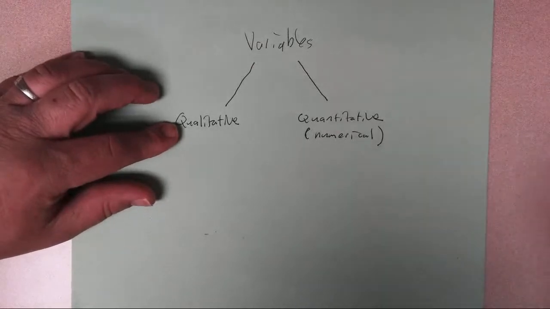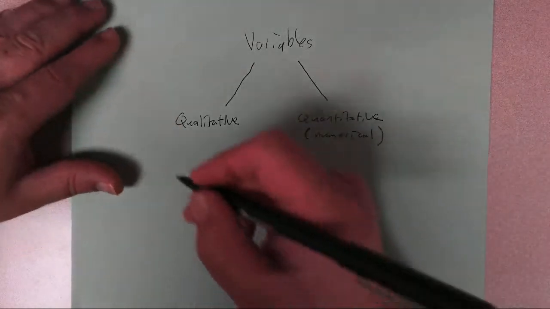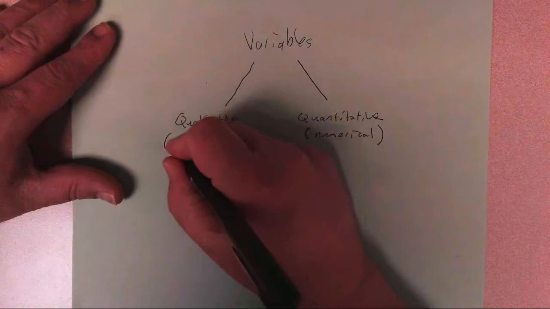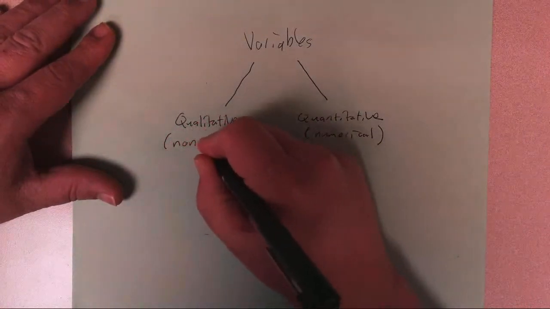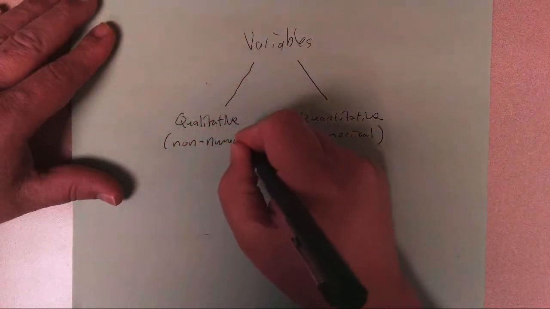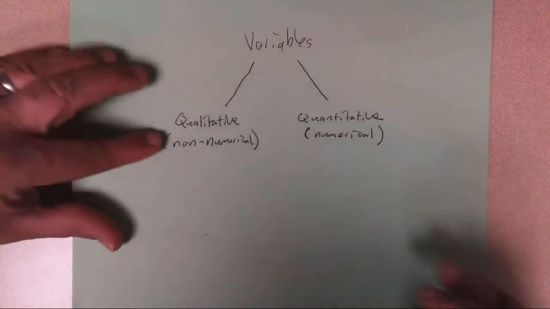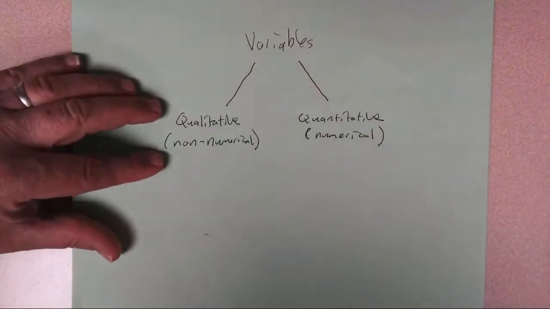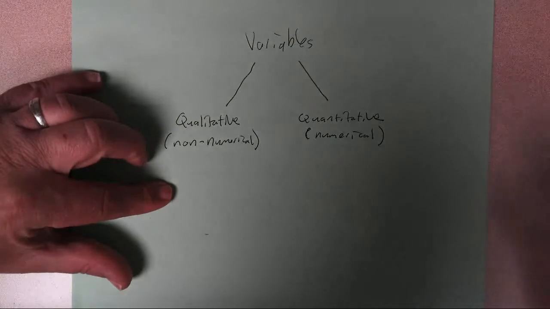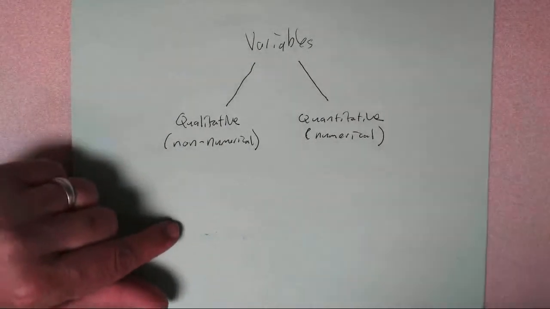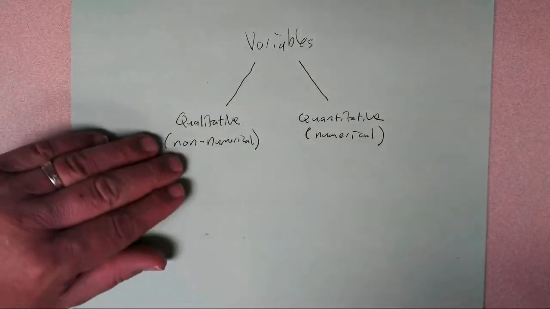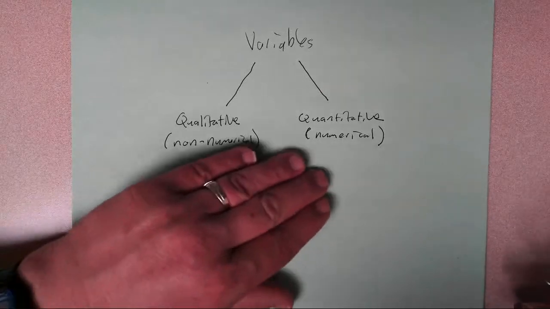But the point here is this is non-numerical data. So like political party, marital status, ethnicity, whatever. Okay, these are qualitative variables.